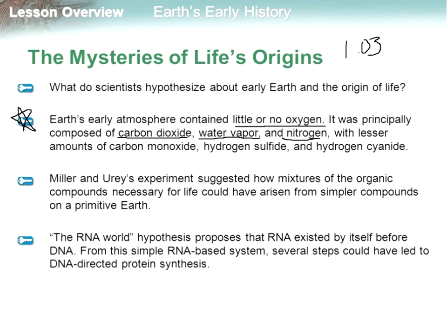Also, it was constantly being bombarded with volcanoes, asteroids, explosions. You know, this is the very beginning of Earth. Earth formed 4.6 billion years ago, but 4.2 billion years ago was when the first piece of a cell supposedly came about on Earth. And these scientists, Miller and Urey, they suggested how mixtures of the organic compounds may have arisen from simpler compounds.